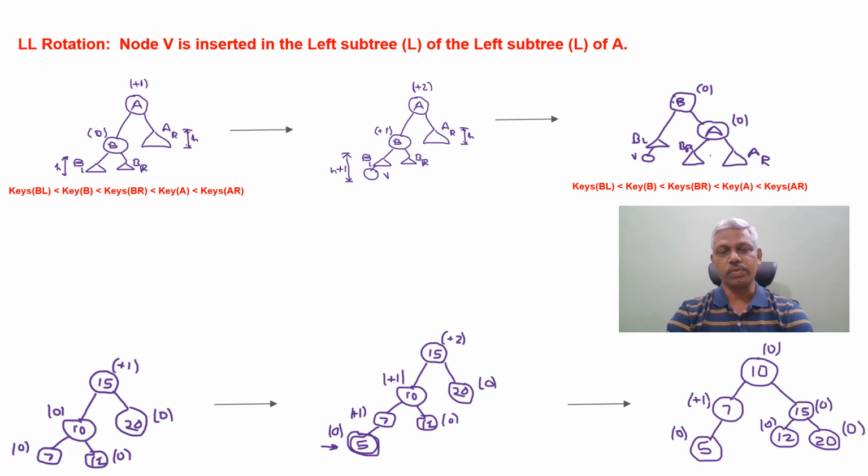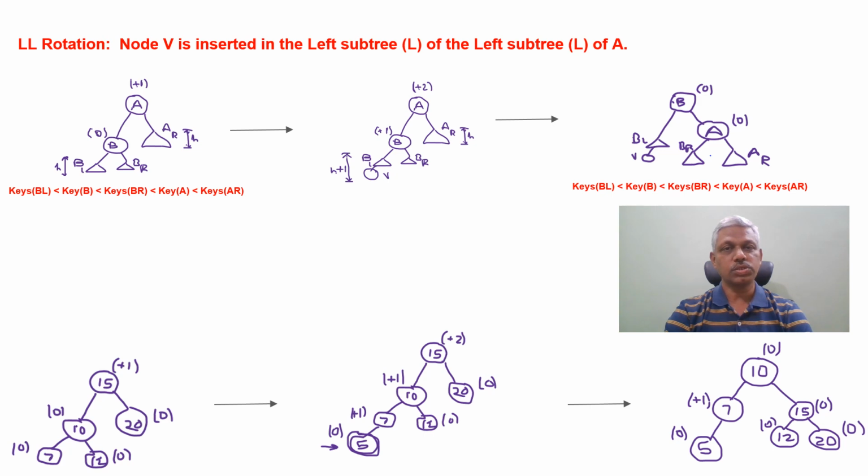Now the balance factor at A: the left side is H plus 3, and the right subtree has height H. So the balance factor at A is plus 2, which is an imbalance.